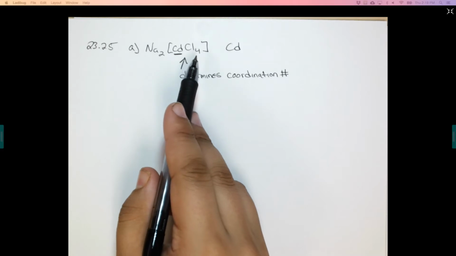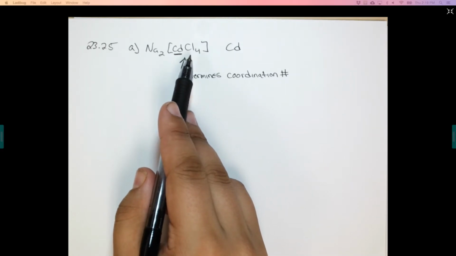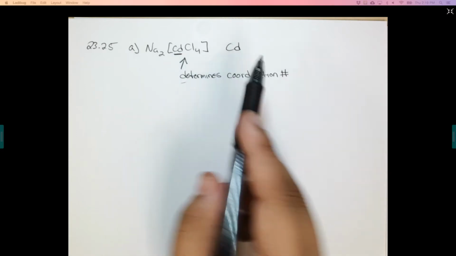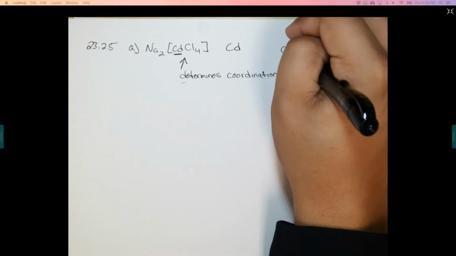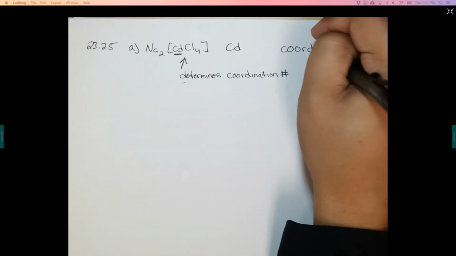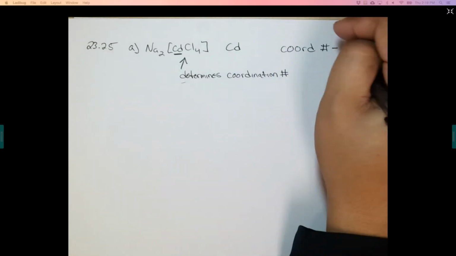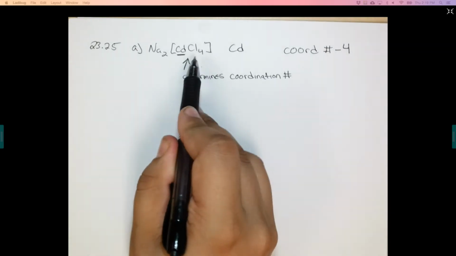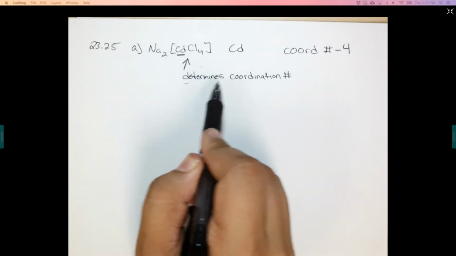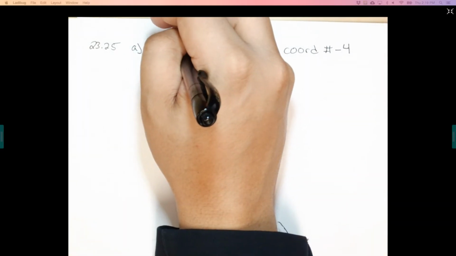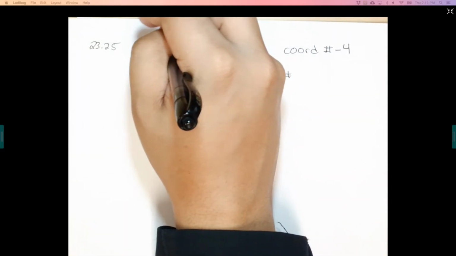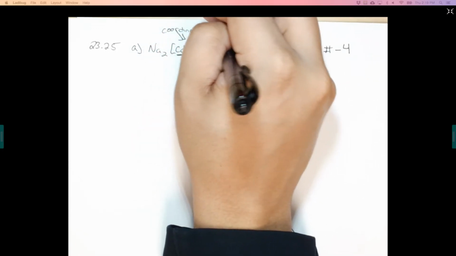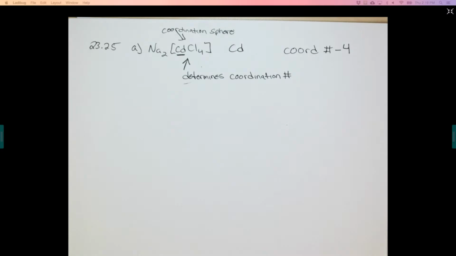And therefore, if we have 4 chloride ions as ligands to our cadmium, then the coordination number, and you'll see me just abbreviate that as coord number, has to be 4, because that is the number of ligands inside the coordination sphere, right? Remember, this is the coordination sphere, and I'm going to do that for this one, and then we won't have to redo this for all of these.